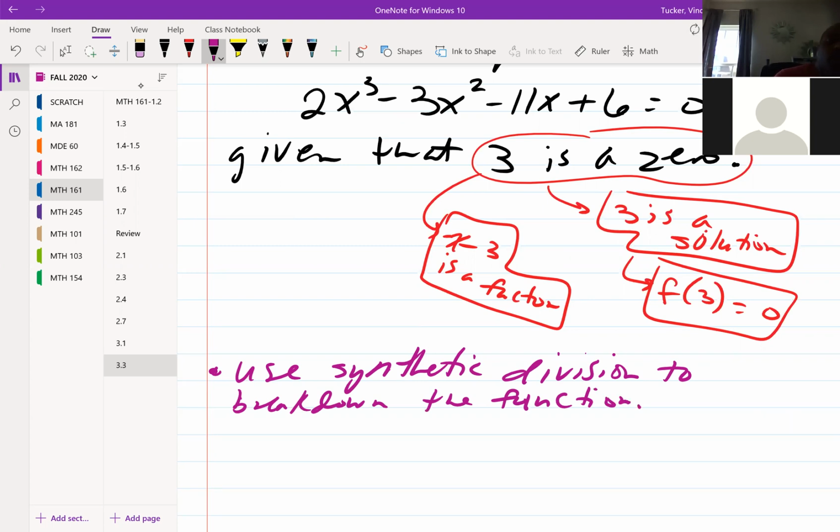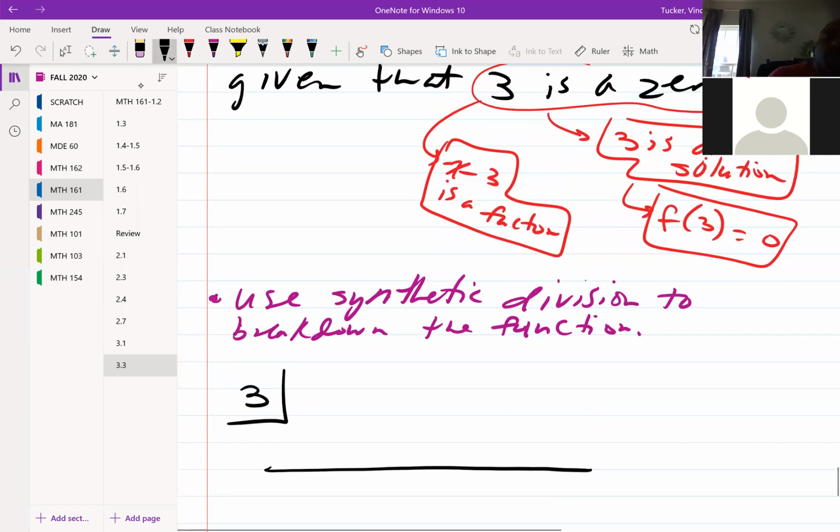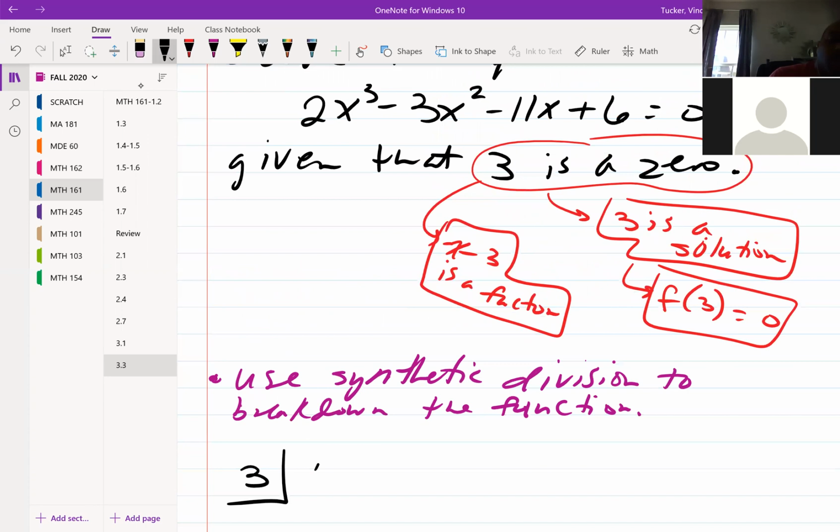All right, so what we can do is use synthetic division to break down the function, recognizing that 3 is a 0, so I will use 3 and use the coefficients 2, -3, -11, 6.